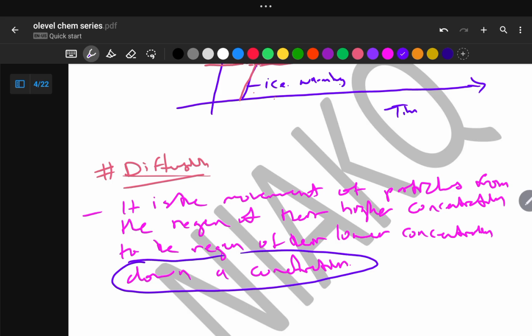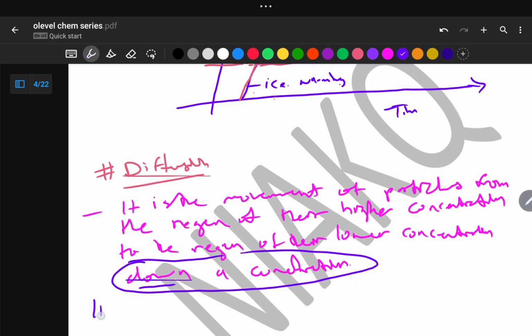In biology we have these processes: diffusion, active uptake, and osmosis. Osmosis is the movement of water molecules down a concentration gradient through a partially permeable or semi-permeable membrane. Active uptake is movement against a concentration gradient, from lower to higher concentration, using energy.